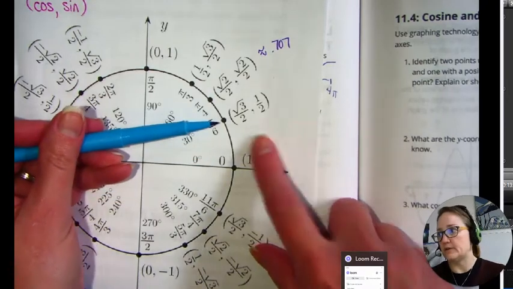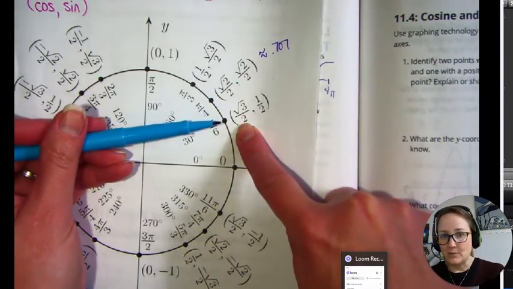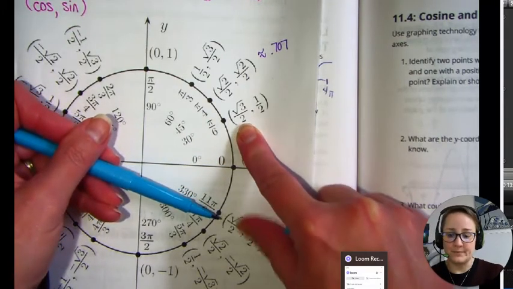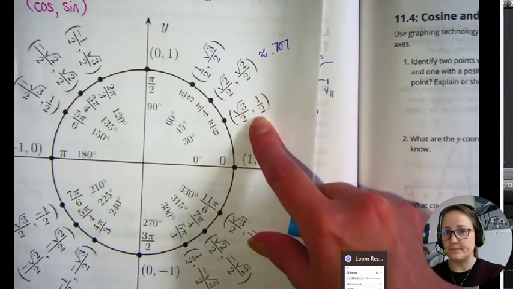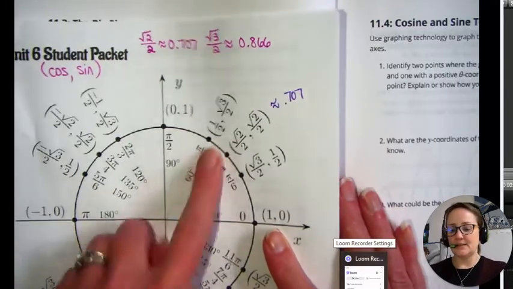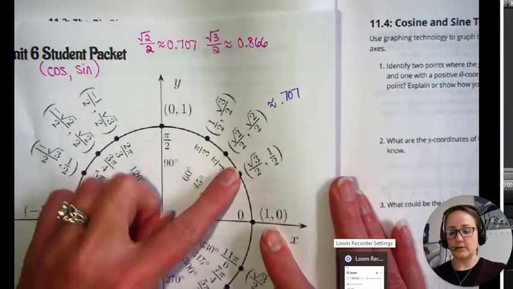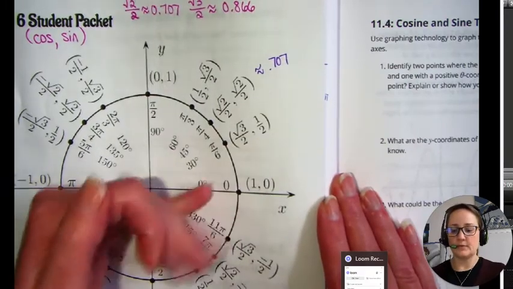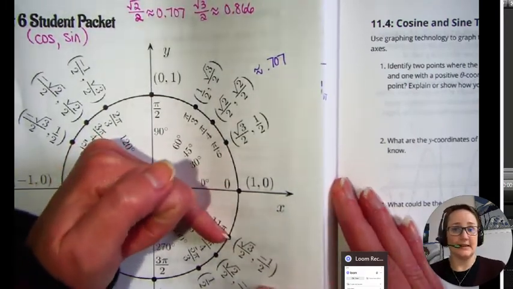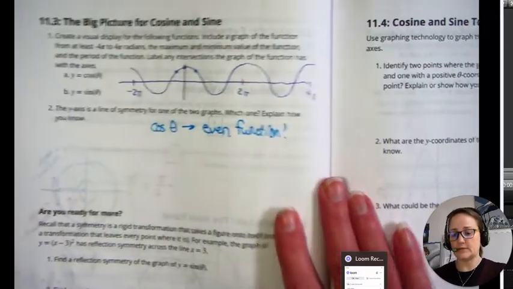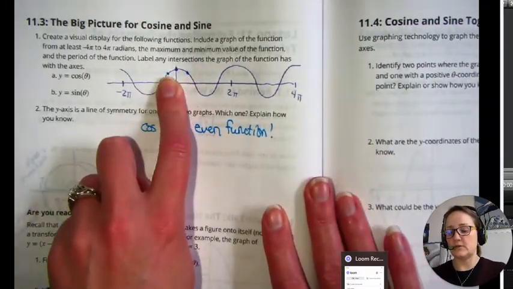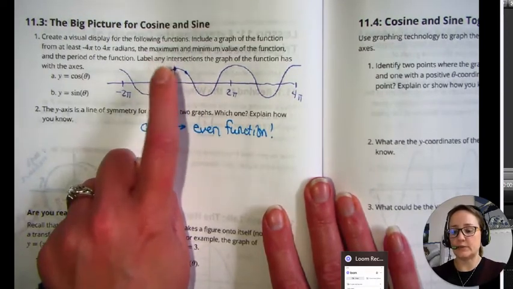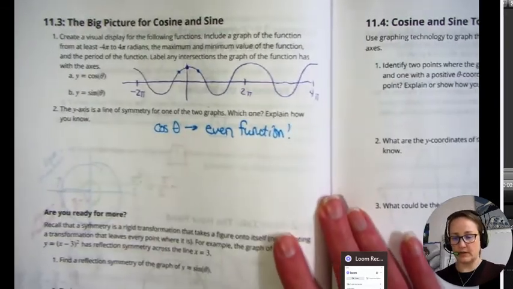Positive angle measure, pi over 6, has the same x-coordinate as the same negative angle measure down here. Right? And we see that because those are the same. So if those are the same, being reflected, that same point in quadrant 1 with a positive angle measure would be the same down here as a negative angle measure in quadrant 4. Okay, so that's why these ones are reflective. Positive x, positive y, negative x, positive y. They're reflecting right on over at that same value.